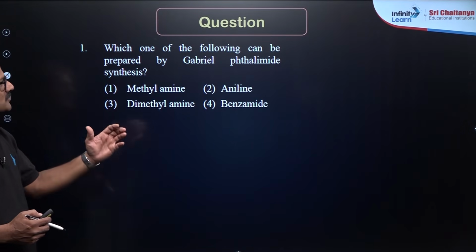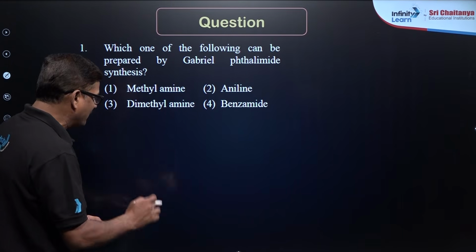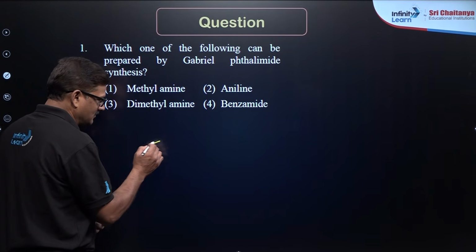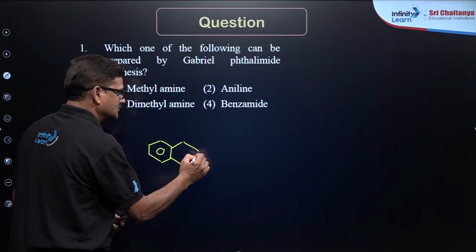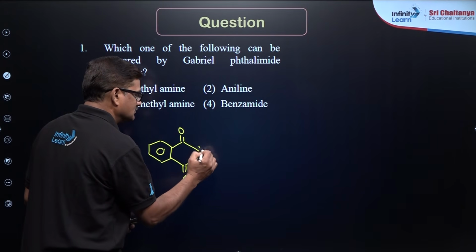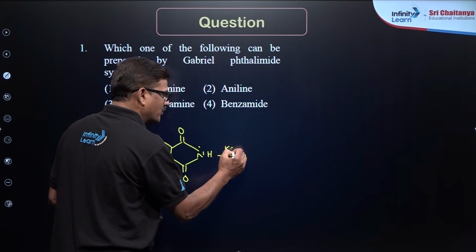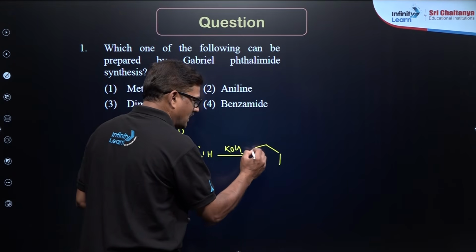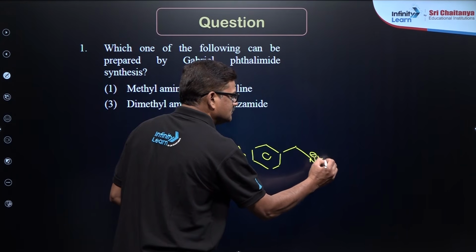The question number 1, which of the following can be prepared by Gabriel phthalimide synthesis? Gabriel phthalimide synthesis is the one where, if it is treated with potassium hydroxide, you are going to get potassium phthalimide.